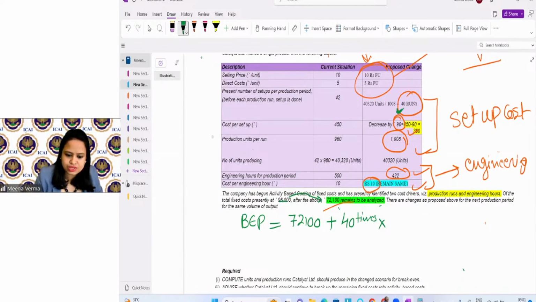What is the setup cost here? 90 rupees. No, not 90, 360 rupees, because the setup cost has reduced by 90. So it will be 360.